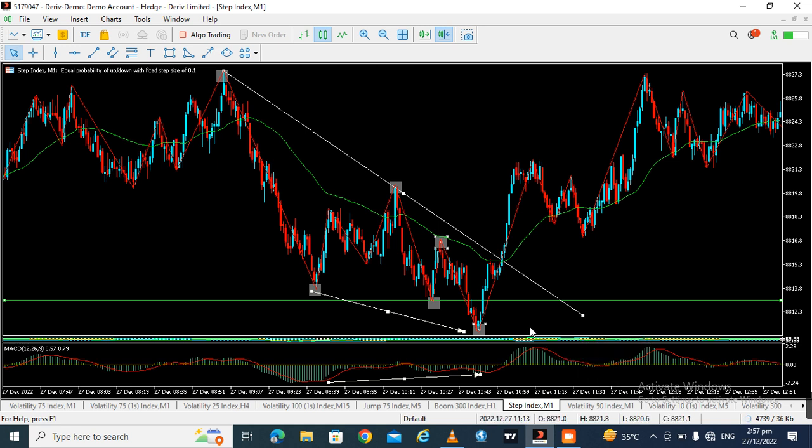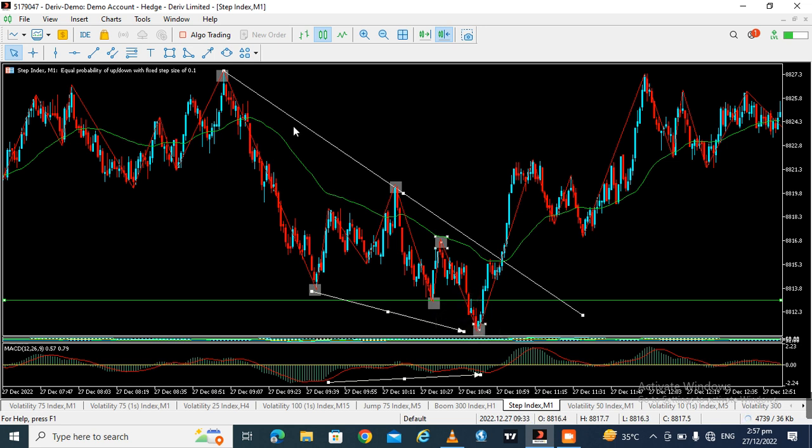Now, one key thing you need to take note of is this low that was taken out by this drop. There is a bullish order block, which is this, that sponsored the drop that took out structure to the downside.